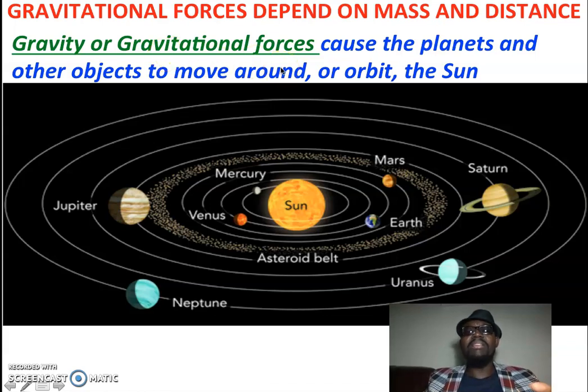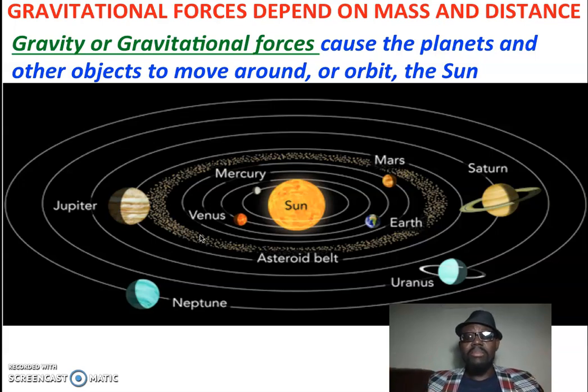The force of gravity is what keeps these planets moving around and orbiting the sun. That's why the objects that move around the sun don't fall off. These planets are in constant orbit. They move around the sun without falling off. It's because of the force of gravity.